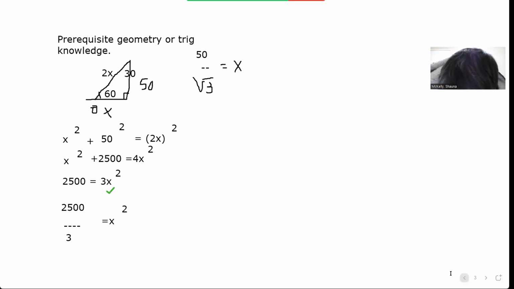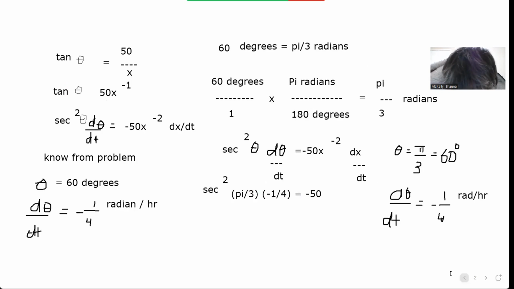So we have now, and I'm going to write that in a note here, x equals 50 over the square root of 3.